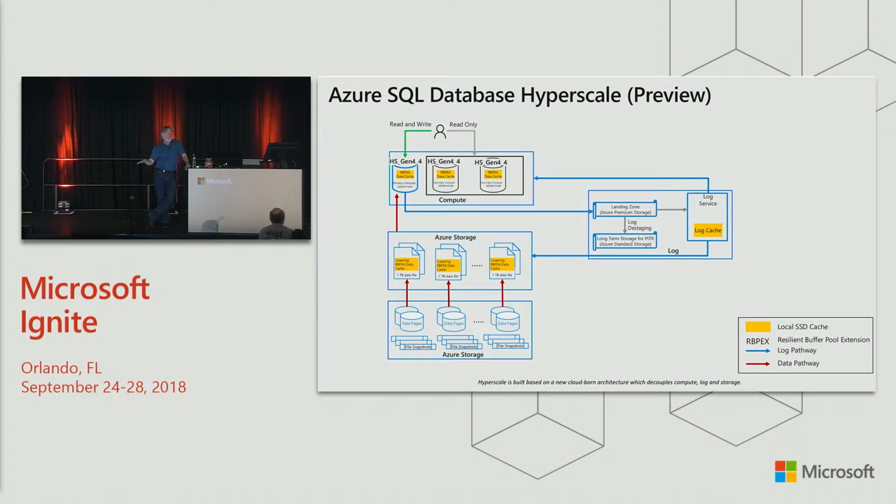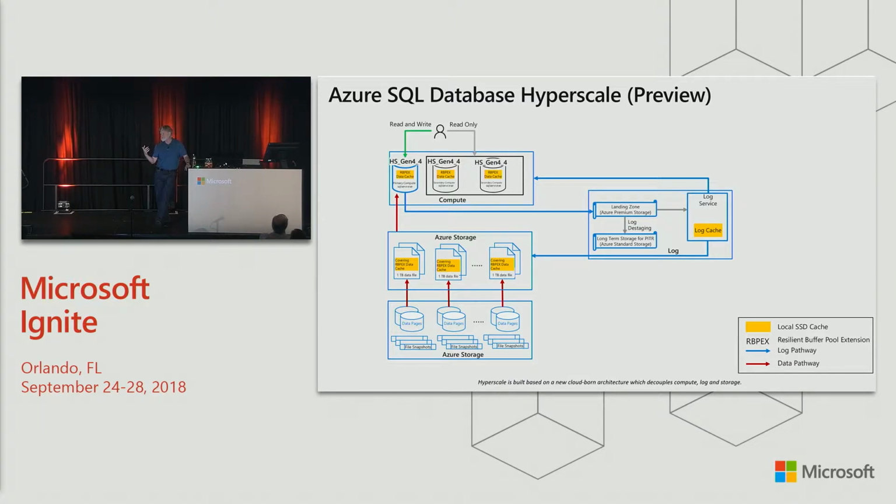And the page servers also buffer that entirely because each page server has a local cache. Resilient Buffer Pool Extensions is the name we call it internally. Each terabyte page server has a terabyte of SSD that's local to it that caches all the data that it's going to manage. So you're never going all the way down to Azure Blob when you go to retrieve data.